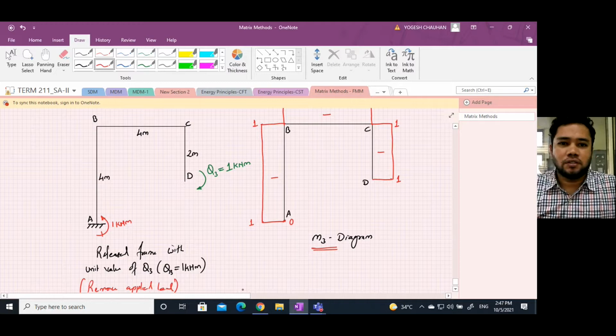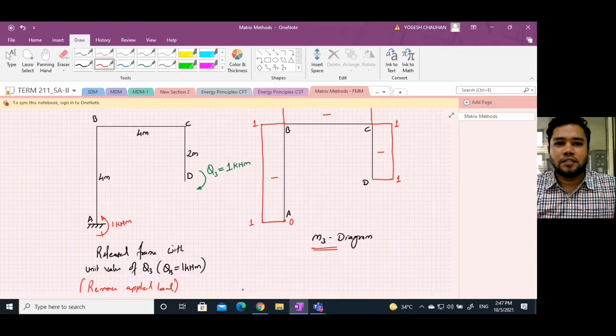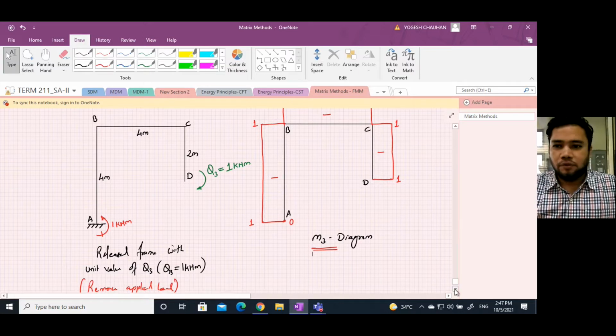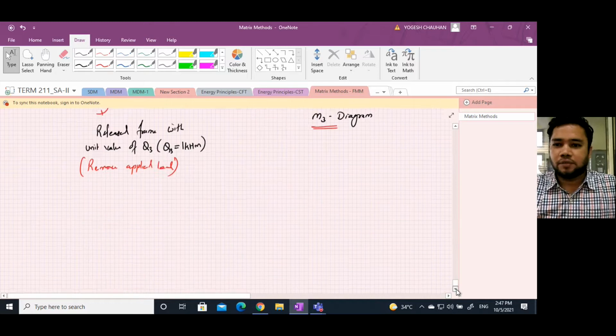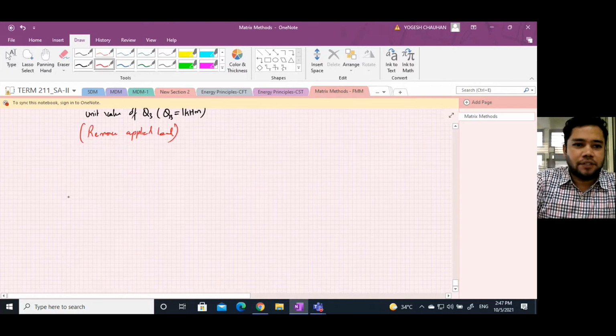So the first step is to find the SI and choose the redundant. Next step, we draw the bending moment diagram in the released structure corresponding to the given load as well as corresponding to the unit loads. Next, we formulate the flexibility matrix and DQL matrix.